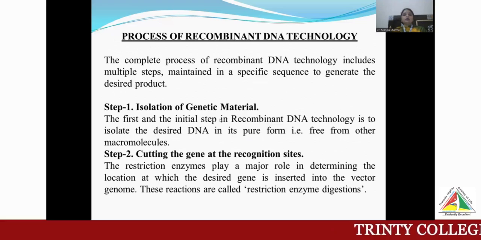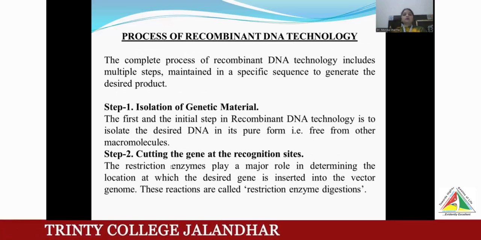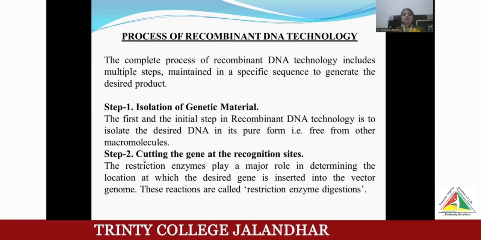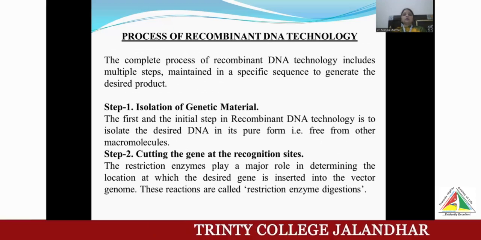In the first step, we isolate the genetic material. It is the initial step in recombinant DNA technology to isolate the desired DNA in its pure form, free from other macromolecules. In the second step, we cut the gene at the recognition sites.